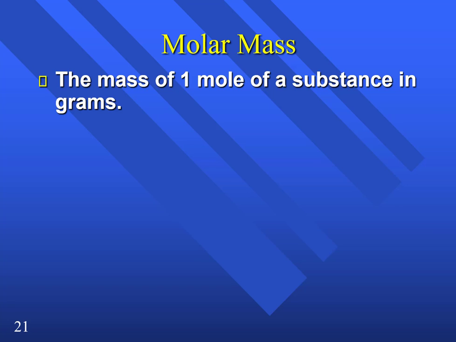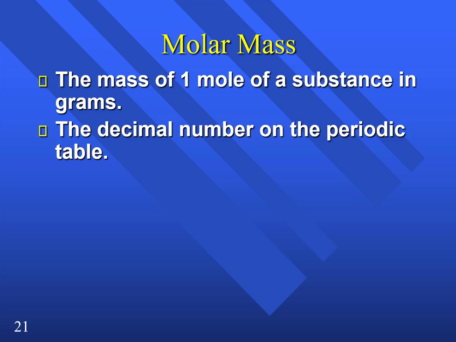We studied molar mass before. We said it was the decimal number on the periodic table. Fact is, we use this to count atoms. We did some conversion factors where you had so many grams of sodium, you could figure out how many moles that was and figure out how many atoms it was. That's what we used moles for in the past. That's what we're going to use them for again today, this unit, is to count pieces.